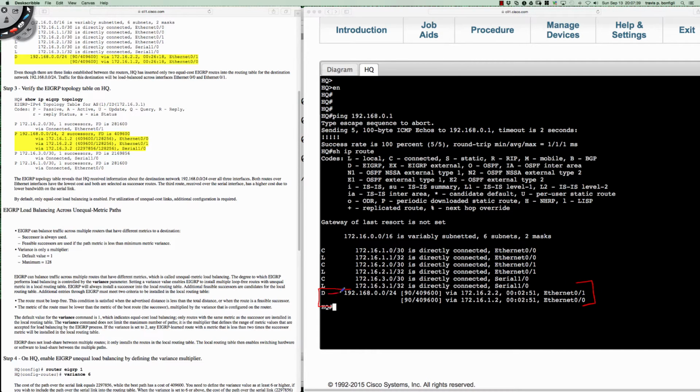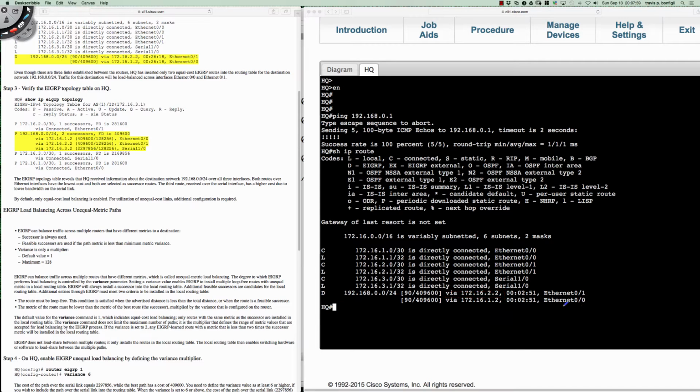So this is our successor route. These here are the successors, 172.16.2.2 and 1.2, and they're both out Ethernet 0.1 and Ethernet 0.0 respectively.